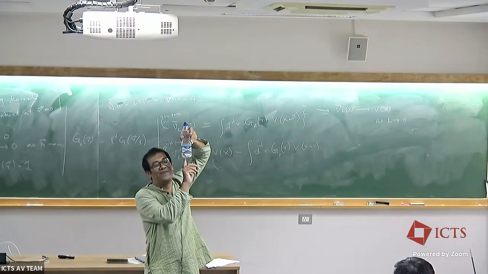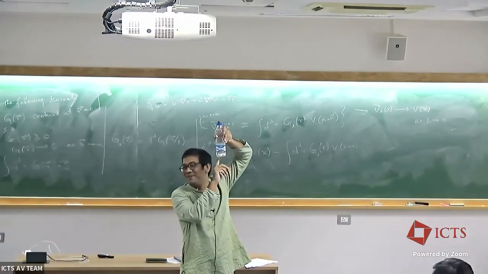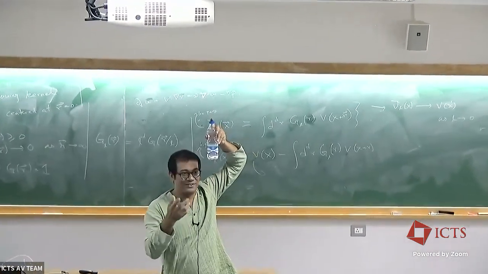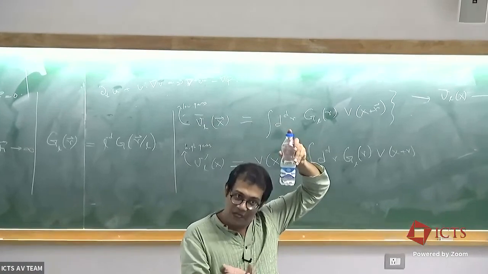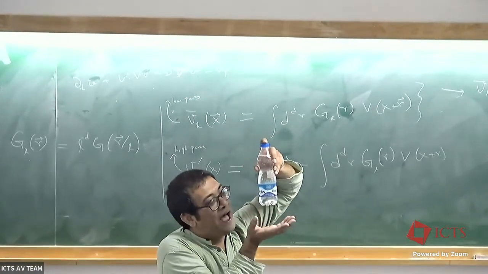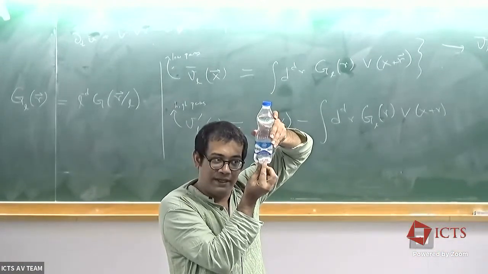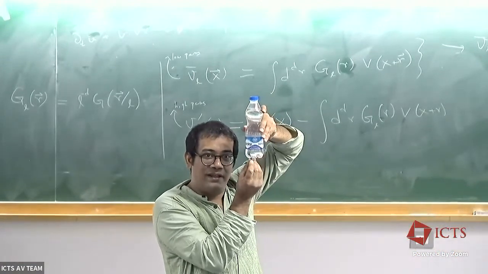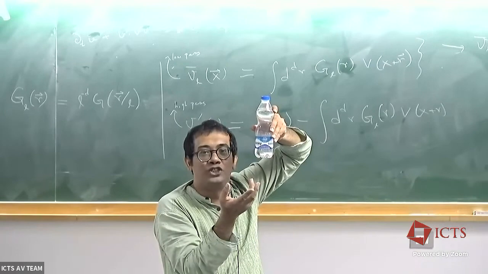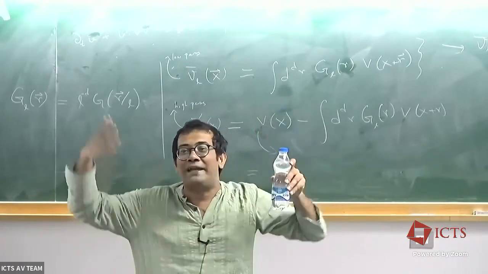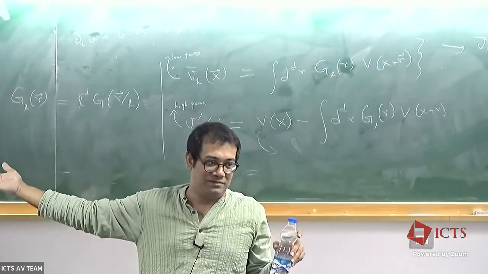So let's say the bottom of this bottle is my function, which I said I was just joking about being like a hat, which is true. You can think about it as a hat. Now this hat has a certain length scale L. And imagine it's a Gaussian. It's exponential of minus r squared over L.